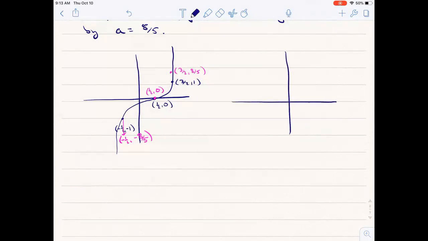So we've got this point, 1/2, 0, 3/2, 8/5, and -1/2, -8/5. Connect these. Whee. No. I will redo that one.